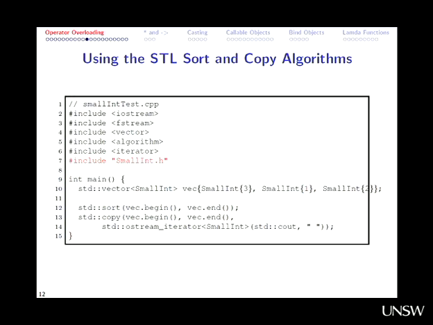Now what we want to do is we want to be able to put small int into a vector, okay, so it gets copied in. We want to be able to use standard sort to sort that vector, and we want to use standard copy to see out and print out the details of that vector, okay? But we can't do this at this point. The reason why we can't do this is because we don't have the less than operator defined.